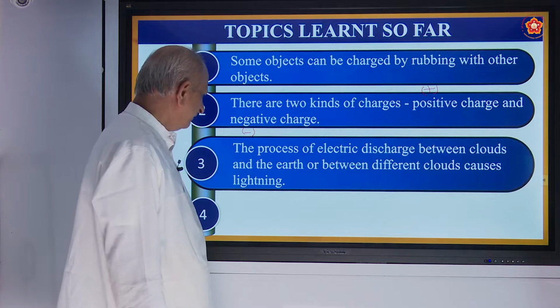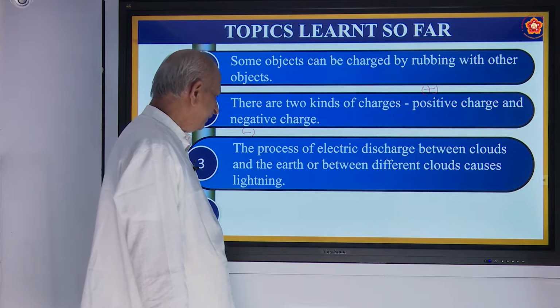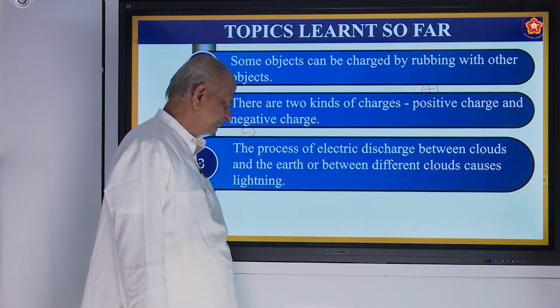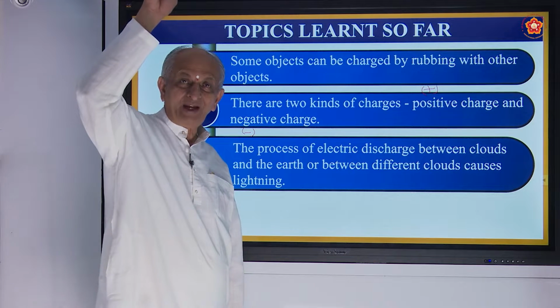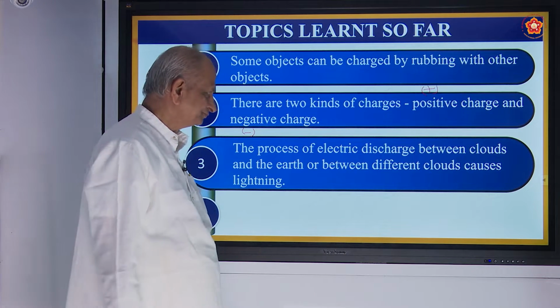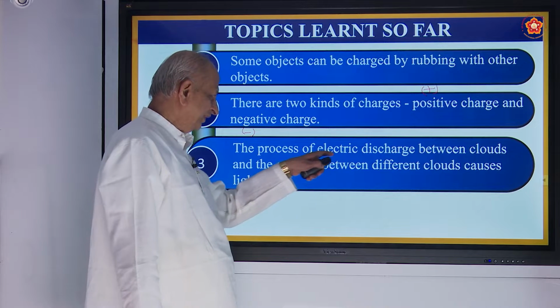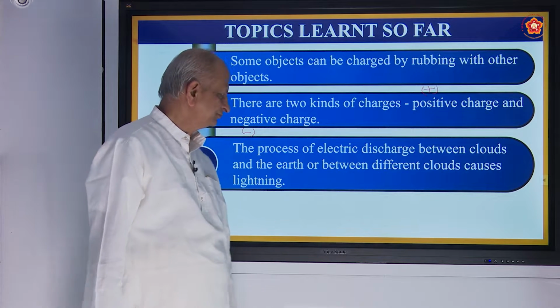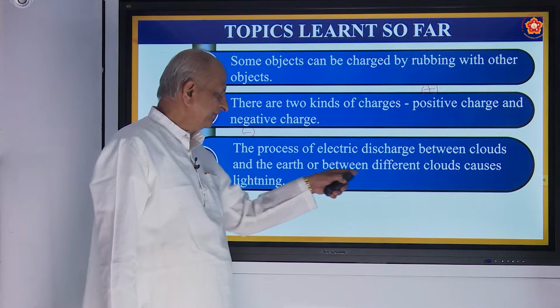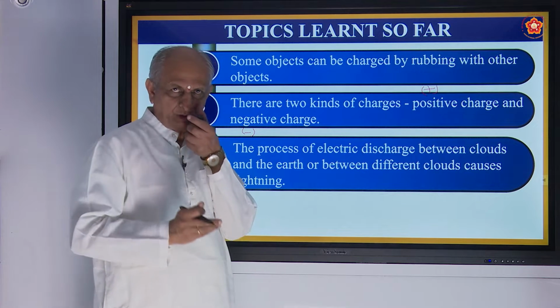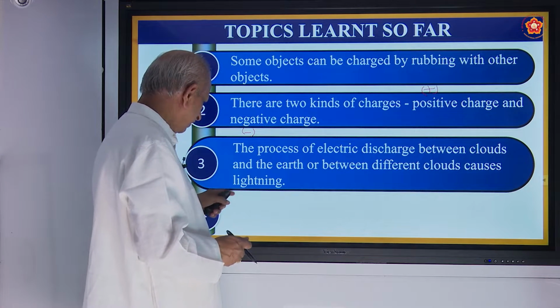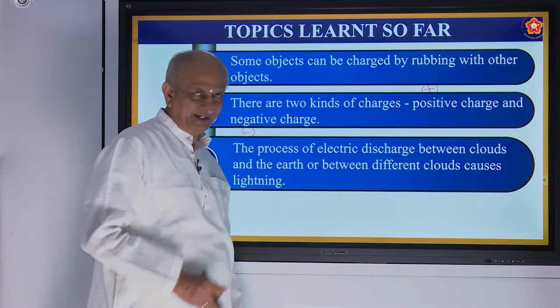The process of electrical discharge between clouds and the earth, that is also electric discharge, or between different clouds, cloud to cloud, causes what is called lightning.